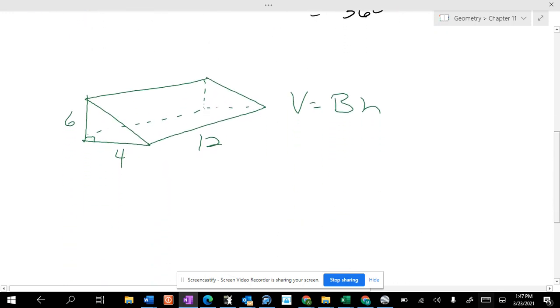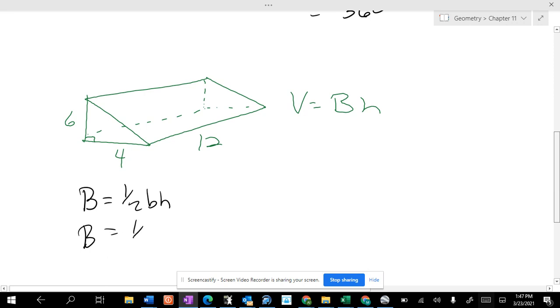When something is like this, not so easy peasy lemon squeezy, but not super hard. What's the base on this? Is the base this thing or is it this thing? It's the triangle. It is not the bottom, it's the triangle. The area of the base, big B, is 1/2 the base times the height of the triangle.